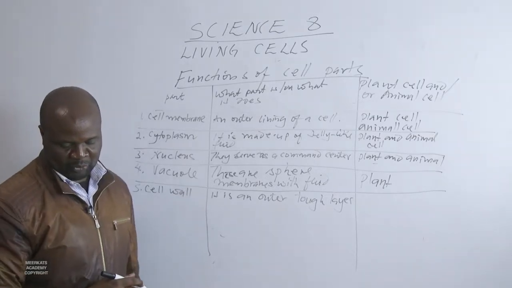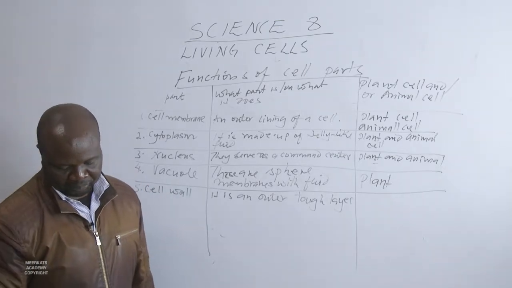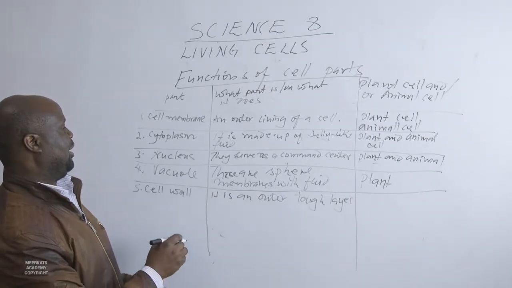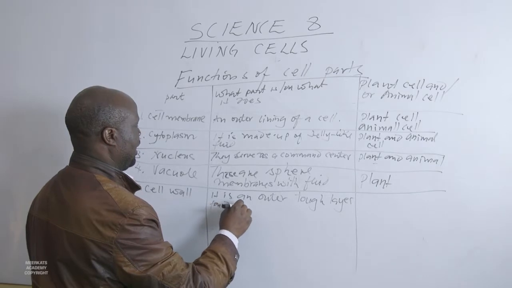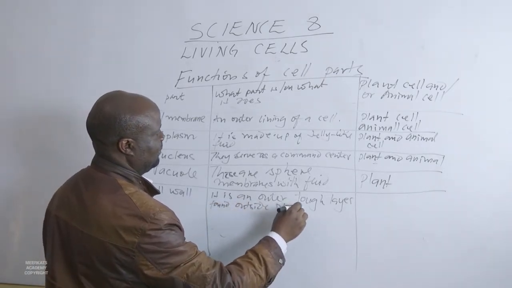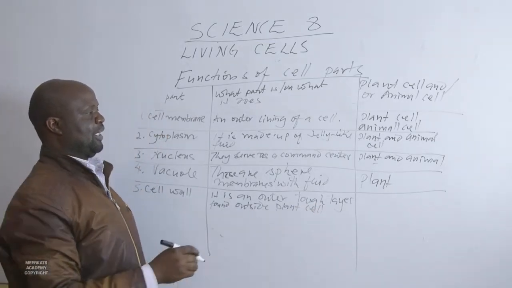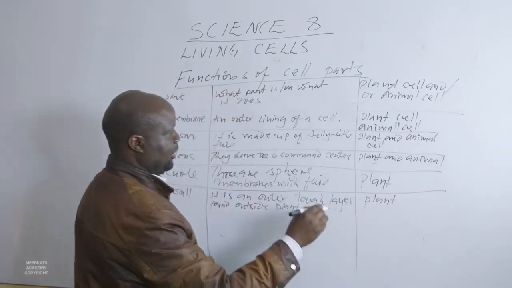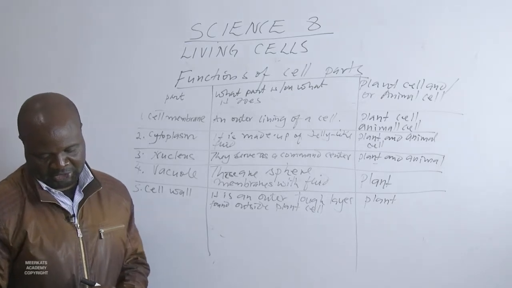So we are saying cell wall is an outer tough layer found outside the plant cell. It's only found within plant cell, so not among animals. So it is available in the plant cells only, and it gives its shape.